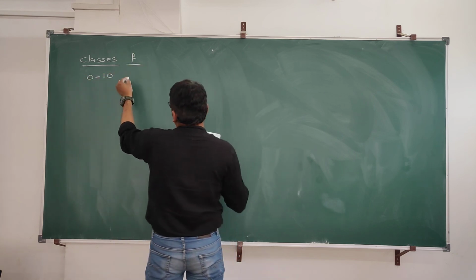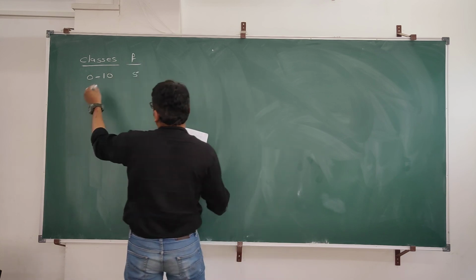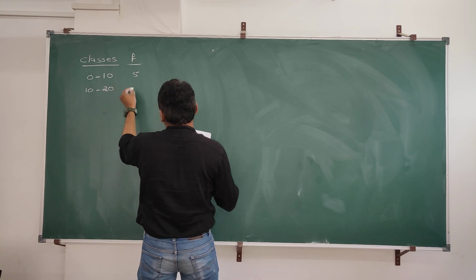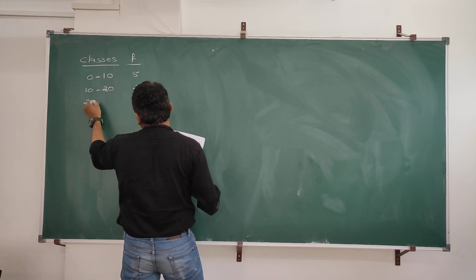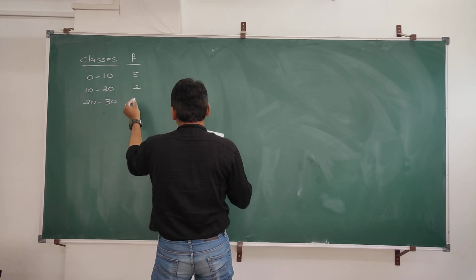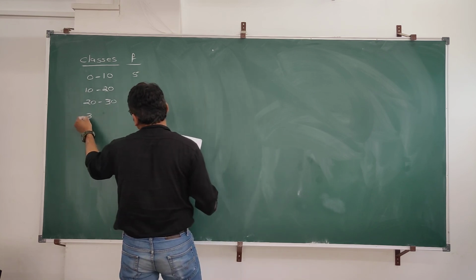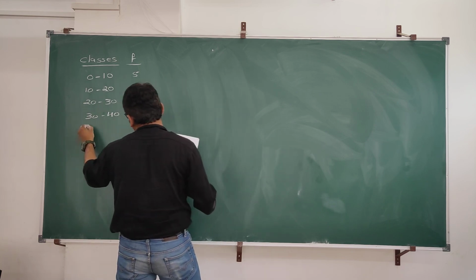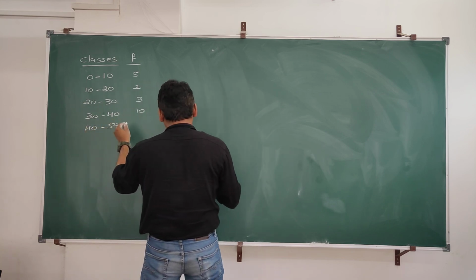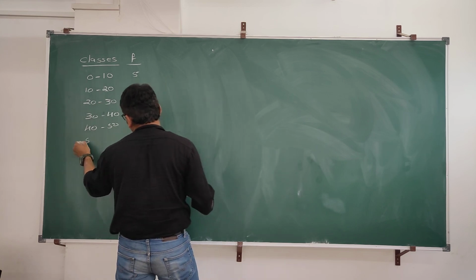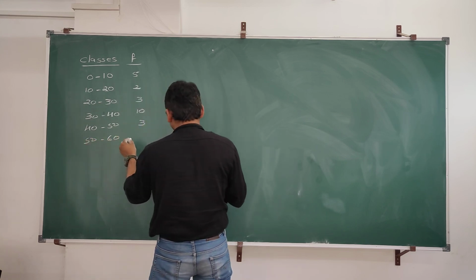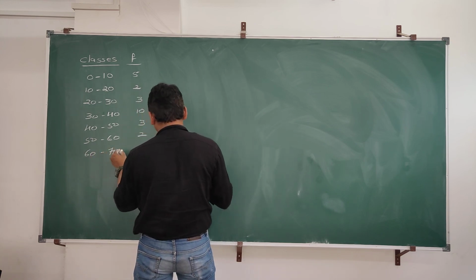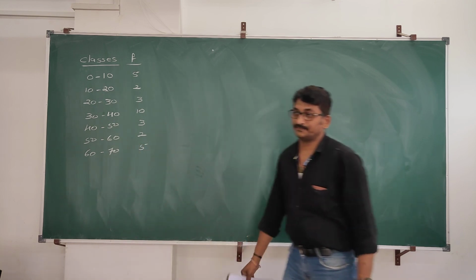Classes column: 0 to 10, frequency 5; 10 to 20, frequency 2; 20 to 30, 3; 30 to 40, 10; 40 to 50, 3; 50 to 60, 2; and 60 to 70 is 5.